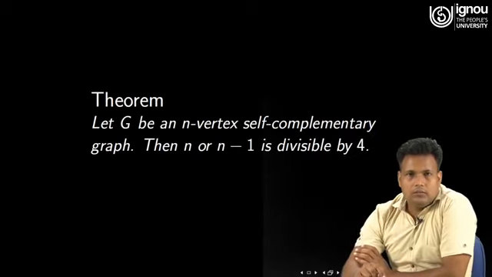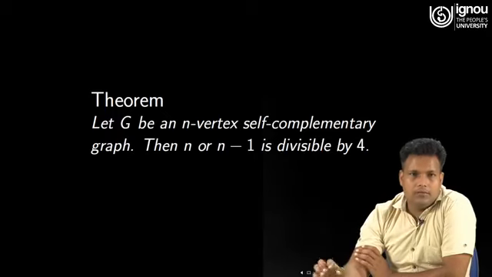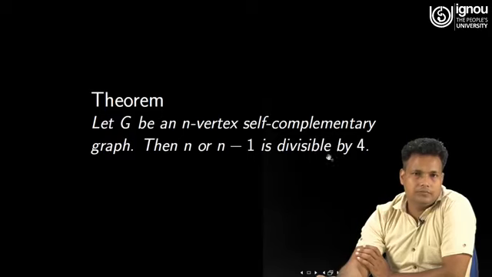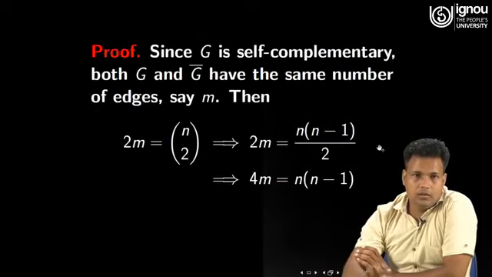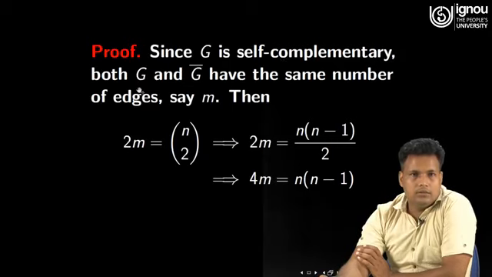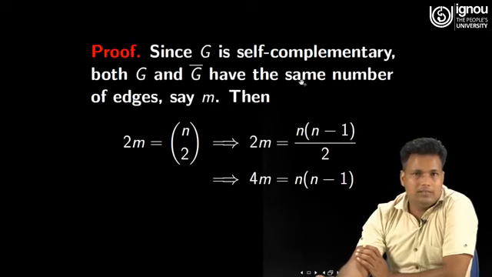Now let's look at an important result about self-complementary graphs. It says that if G is an n vertex self-complementary graph, then n or n minus 1 is divisible by 4. To prove it, we are given that G is self-complementary, right? So this means that both G and G bar have the same number of edges, say m.